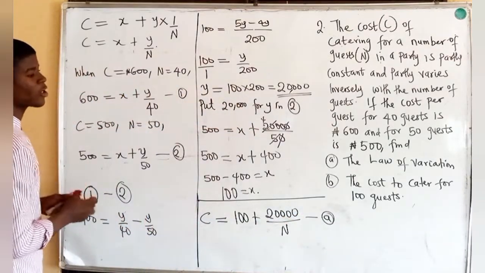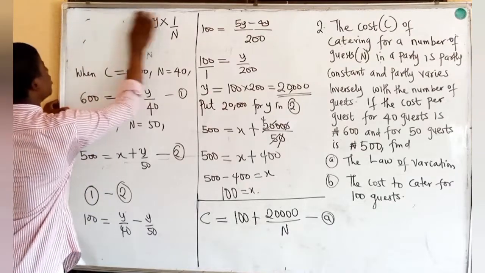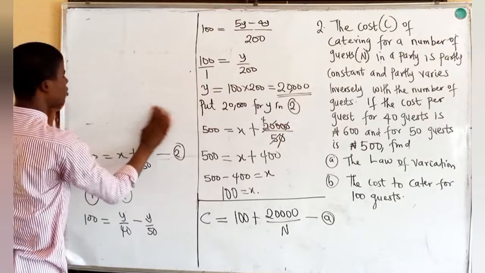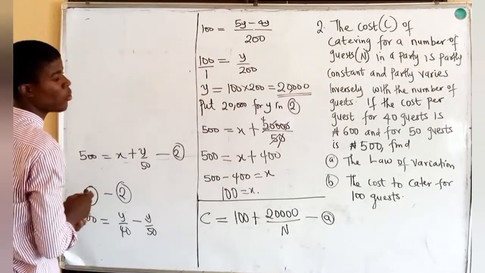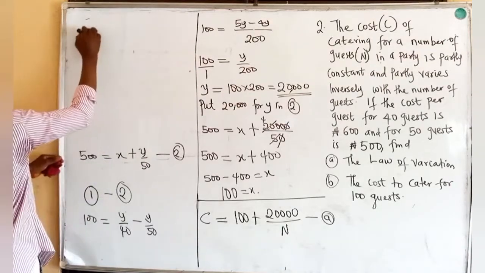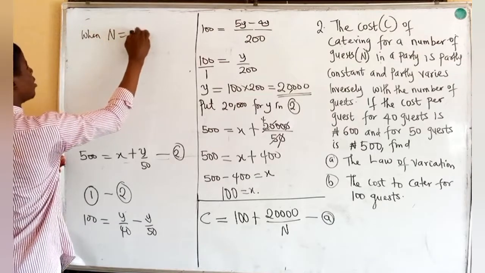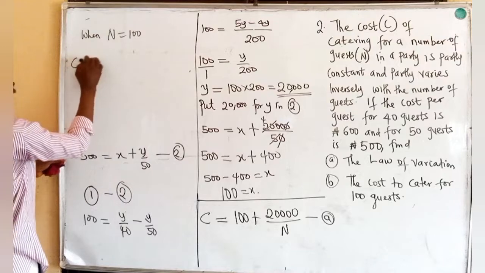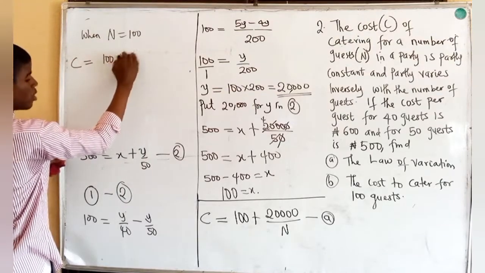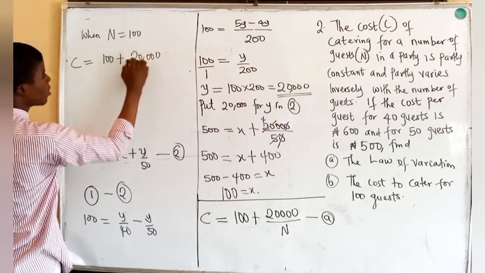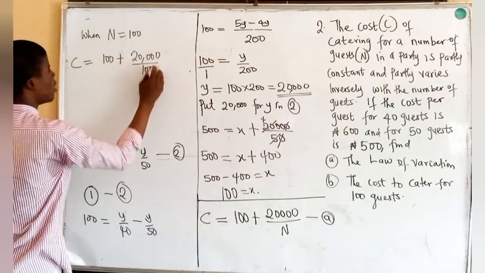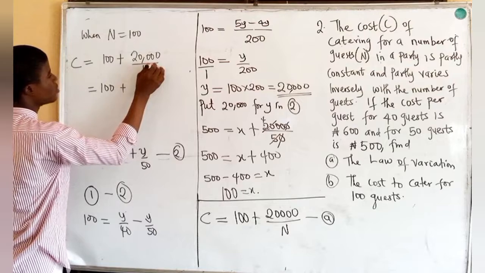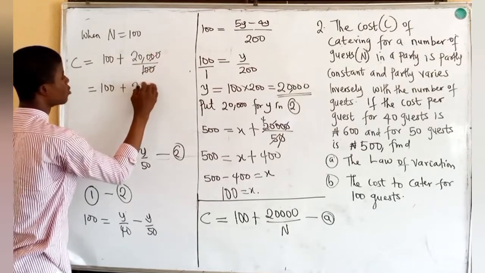We are asked to find the cost to cater for 100 guests. So when the number of guests N is 100, I'll substitute this value into this equation. The cost is equal to 100 plus 20,000 over 100. 20,000 divided by 100 is 200.